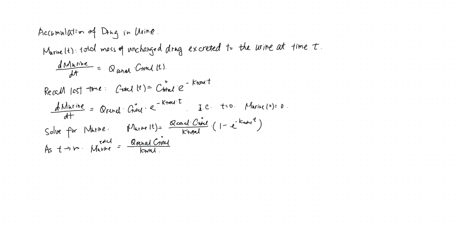In a rapid injection model, we have C total, not the initial condition, the dose of the drug divided by the apparent V. So now you can use this expression to get M urine total.